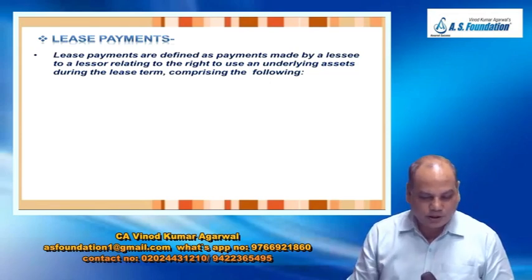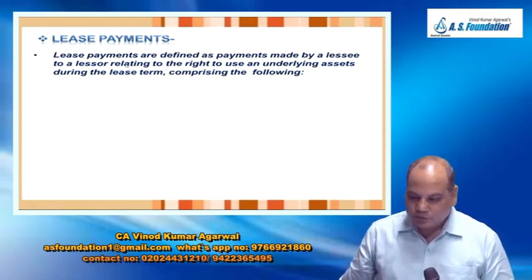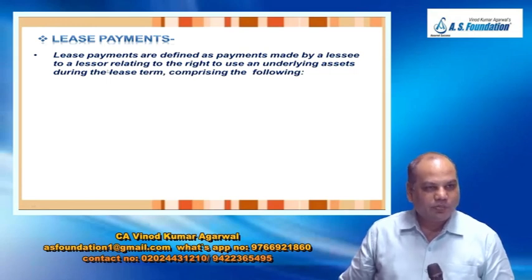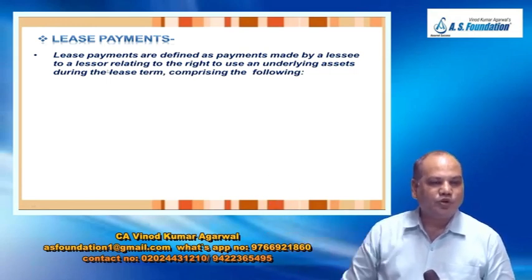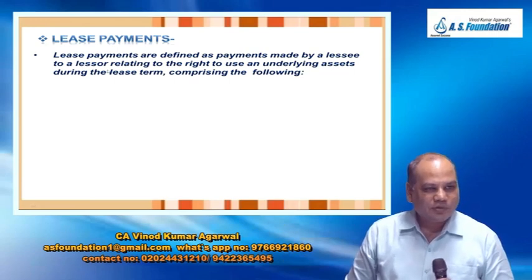So let us read slowly. This is an important paragraph for solving problems. Lease payments means payments made by a lessee to the lessor. So it should be only payment made to the lessor. Payment made to government for municipal taxes is not a part of lease payment.